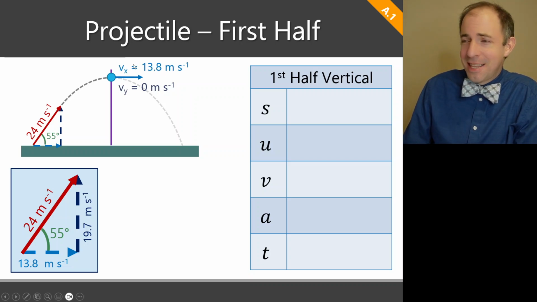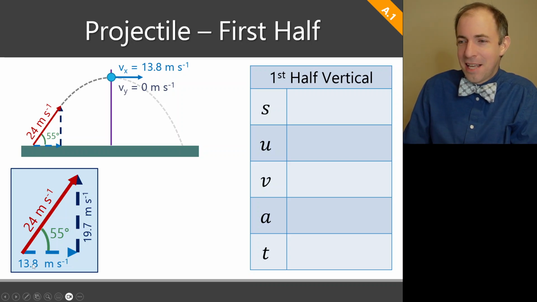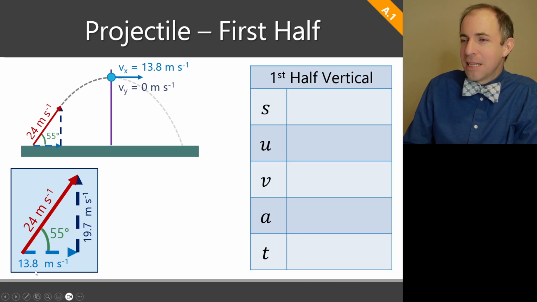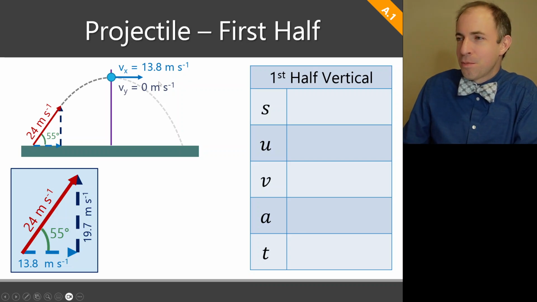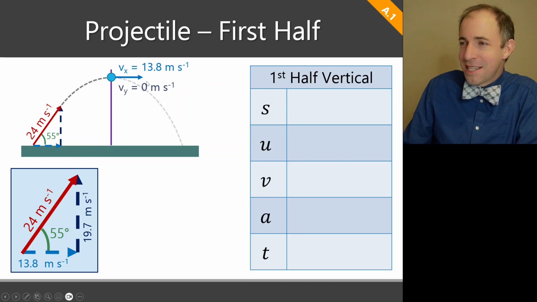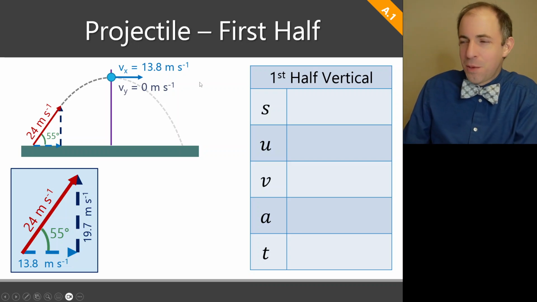Horizontally at the top, I have a final velocity that is exactly the same as the velocity I calculated initially as the horizontal. 13.8 meters per second horizontally is always 13.8 meters per second. So at the top, when it's all horizontal, that is what I have.